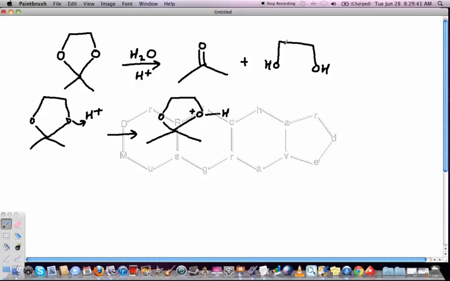And then we need to recognize where we're going to go. We know that this group is going to have to end up leaving at some point. So I think it's natural to want to break this bond first.